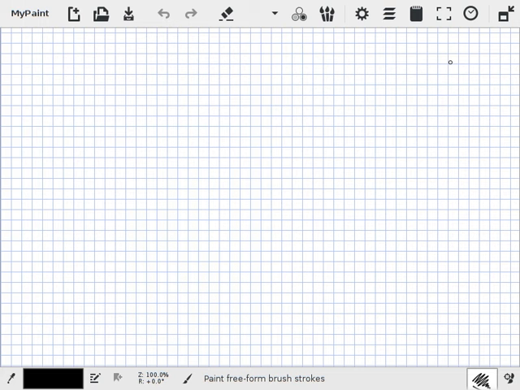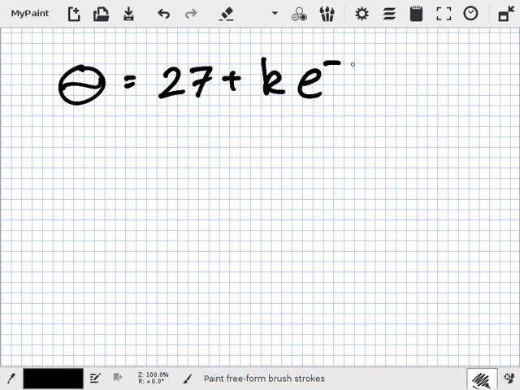Right, now we'll start. The temperature, theta, of a cup of coffee is 27 plus K e to the minus 0.2 t. And you're told that the temperature at the beginning is 65. What's the K?